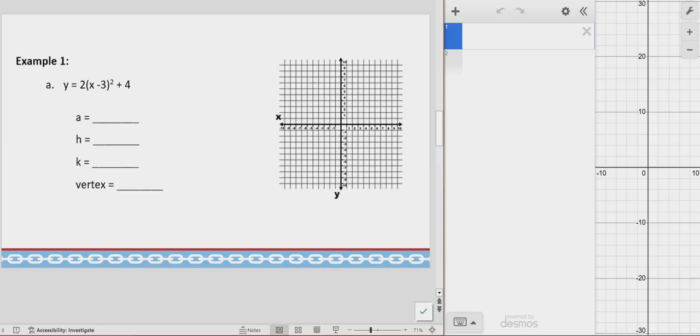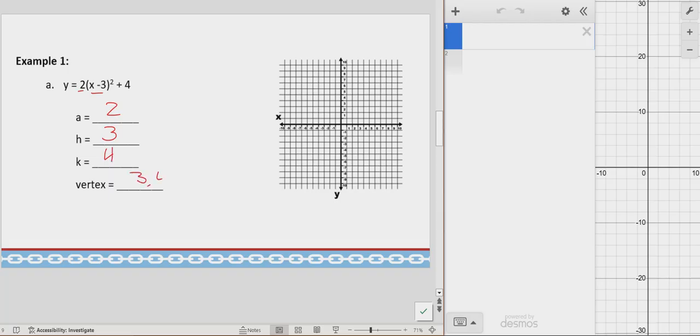So looking at this first example, we have an a value of 2 from right here. My h value, since it's an x equals equation with x on the right side, my h value is attached to x, so that is going to be an opposite because it's in the parentheses, and I have a k value of 4.